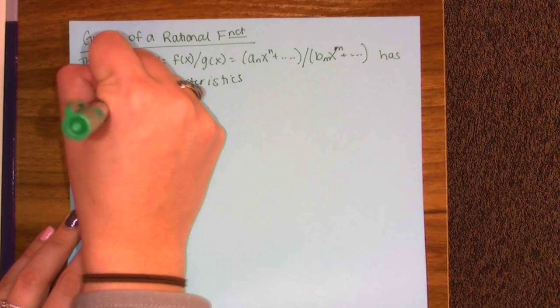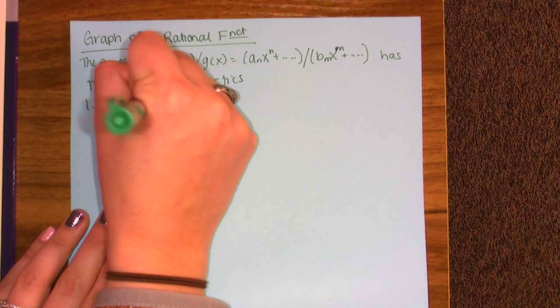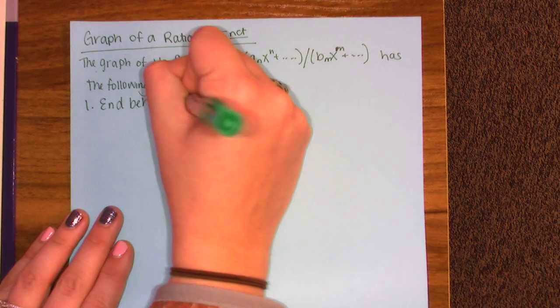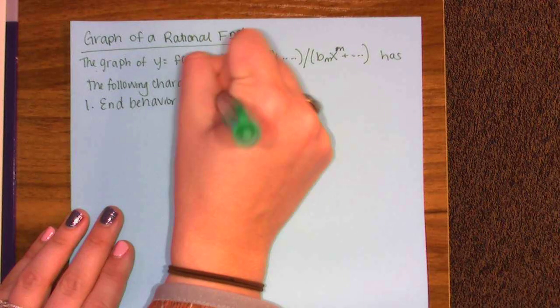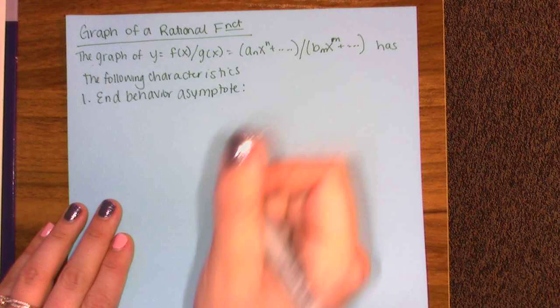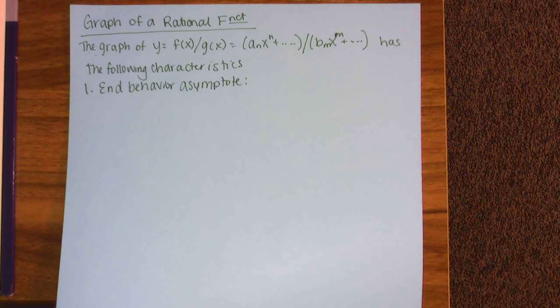End behavior asymptote, and there's going to be 4 under here.